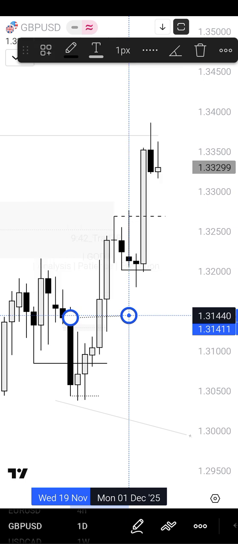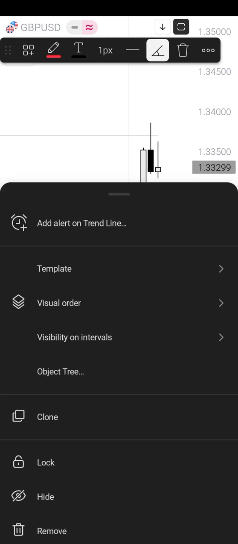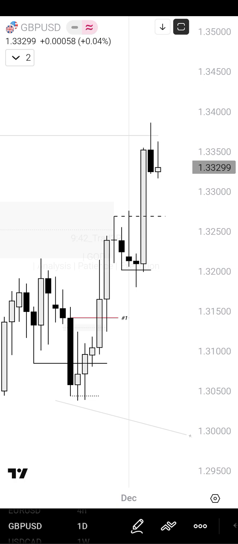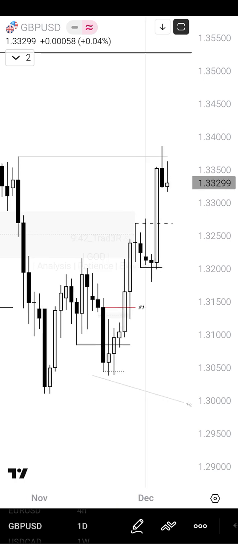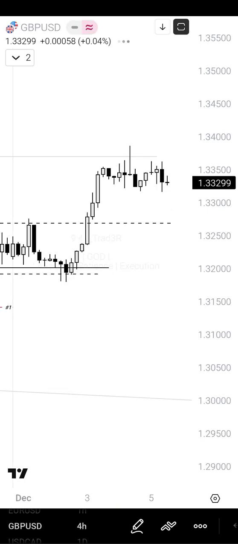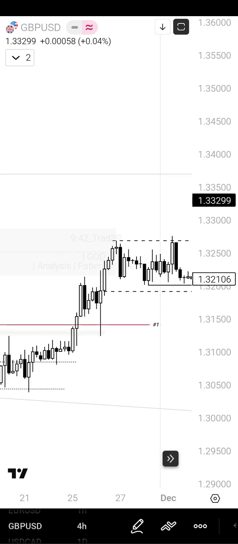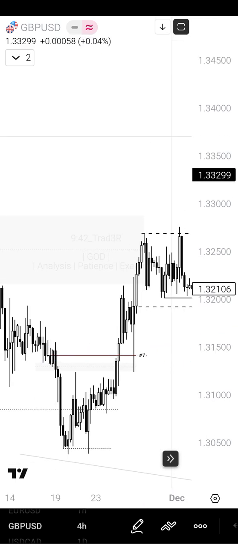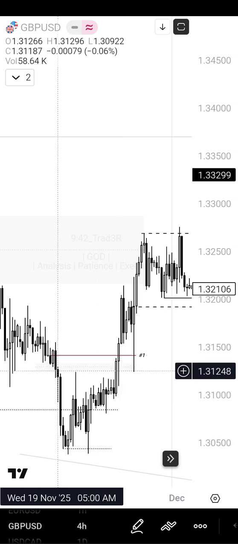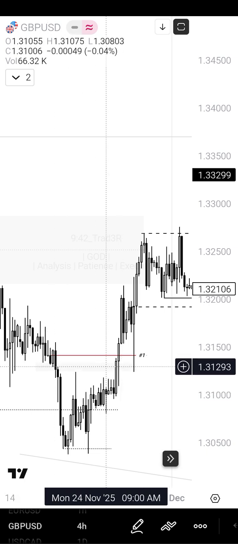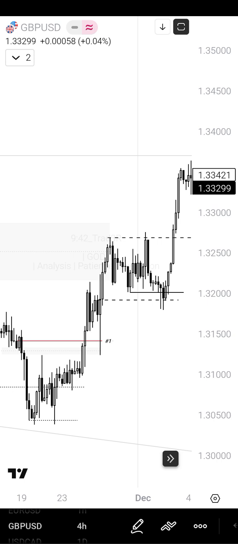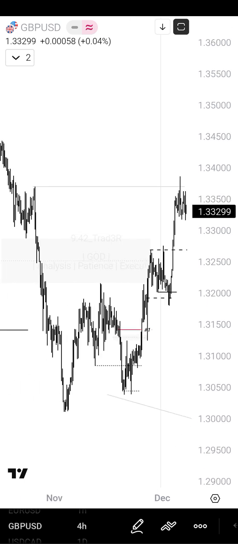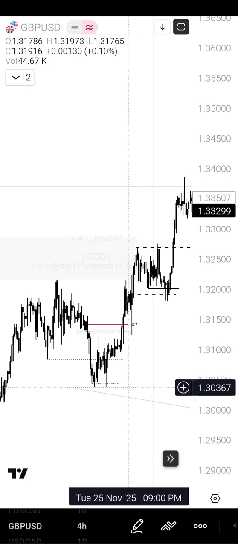If we mark the model number one out and go to the 4 hourly on Wednesday, which happens to be here, you can see how price came back to test the model number one and also the daily IFVG here. Then price expanded to the upside. So that was my trade idea.